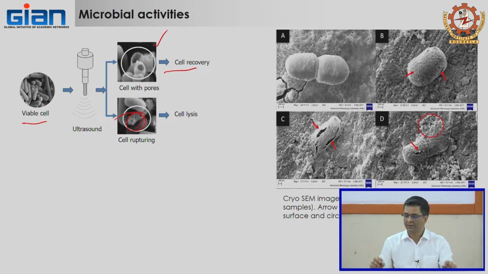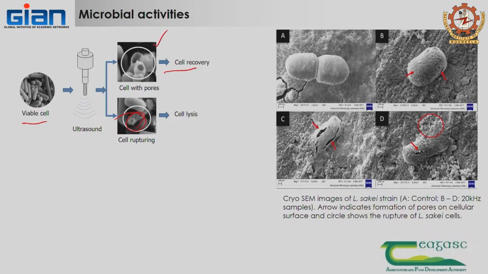As you can see from here, this is much clearer. This is the favorite bacteria of dairy technologists, Lactobacillus sakei. This is the normal cell. You give ultrasound, and you can see all the small pits. This is at controlled energy delivered.